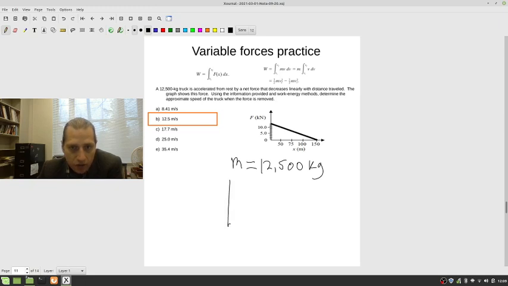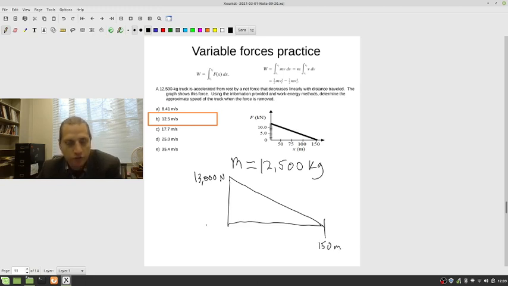If we are drawing this out, this looks like 13 kilonewtons, so 13,000 newtons, and over the course of 150 meters, it's going down to a force of 0.